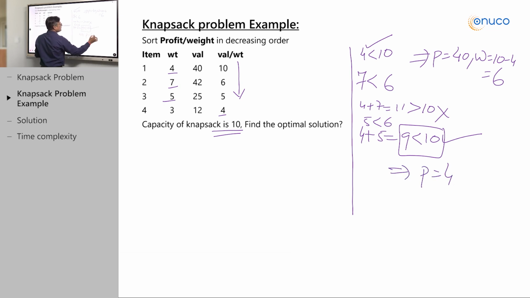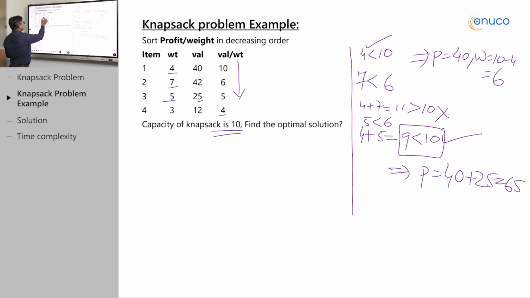In that case, what is the profit? Profit is going to be the previous profit 40 plus, for this 5 kg element we have selected, 25. 40 plus 25 is 65. You have selected. Next is 3 kg. What is the capacity of the knapsack used now? 9 kg is already done.